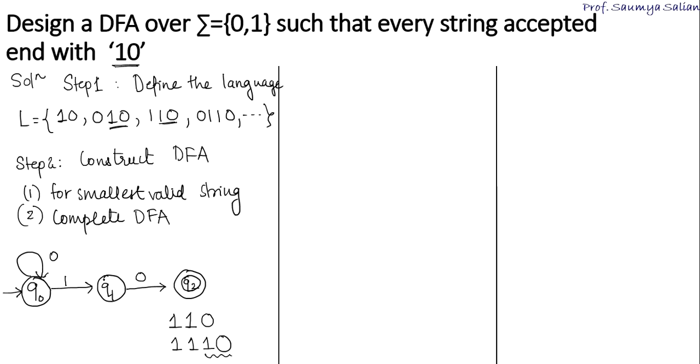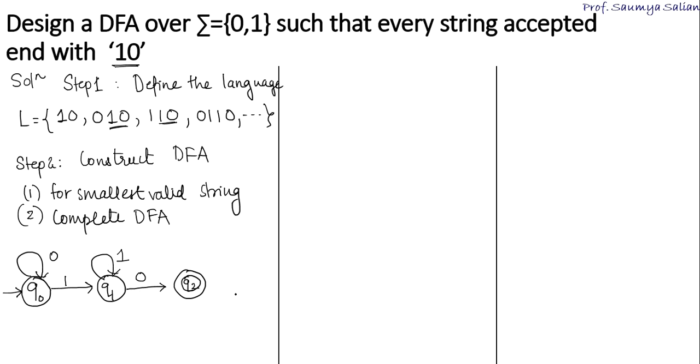So can I say I can have a self loop of 1? Yes, I can have a self loop of 1 over here, for n number of ones is allowed because I am ending with 0 over here. Fine. Q1 is complete, it has responded to 0, it has responded to input 1.